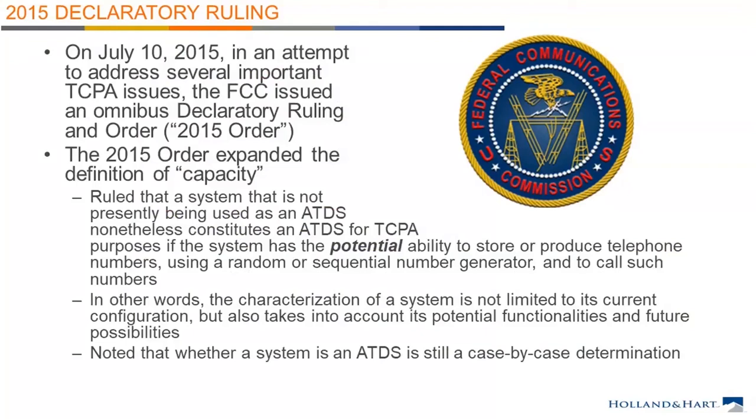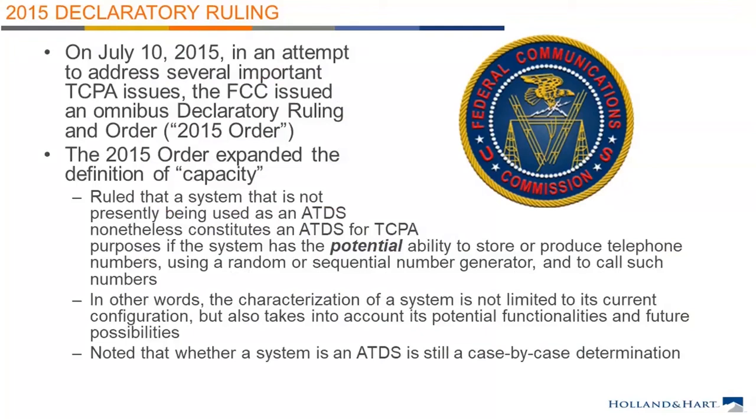Moving forward, I want to discuss what has been a key development in this area over the last few years, and it started with a declaratory ruling which was issued by the FCC in July of 2015. The purpose of this declaratory ruling was actually to provide some guidance to companies seeking to comply.